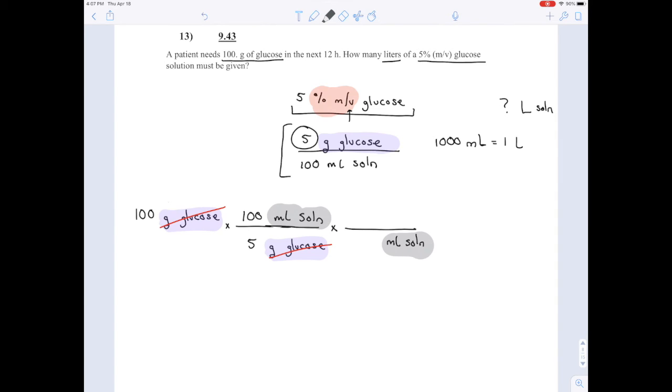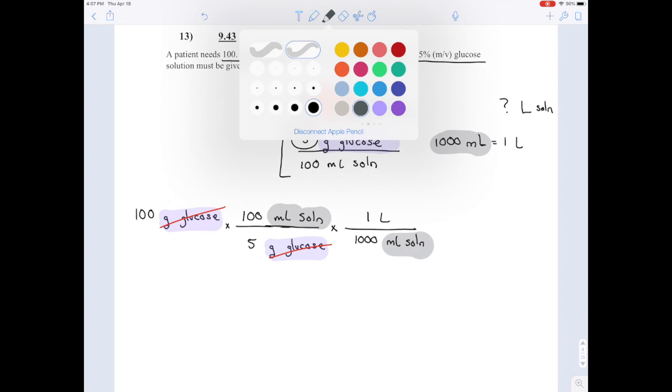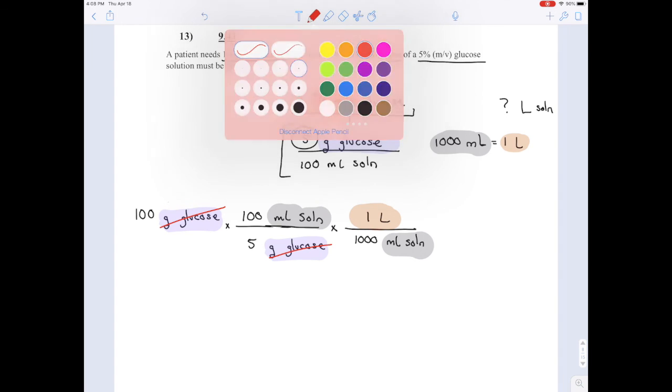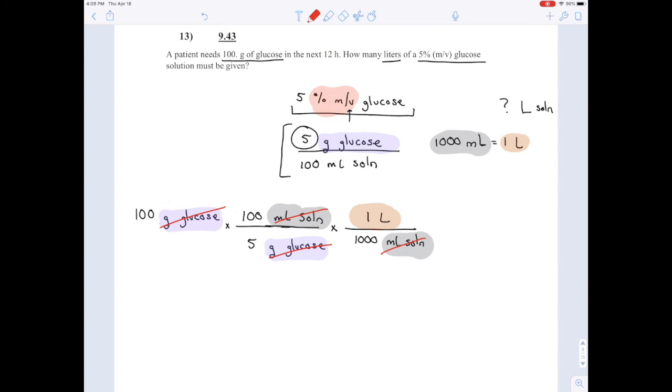And then next to milliliters, we can put 1,000. And going over the fraction bar, like going across the equal sign, on top we have 1 liter. So the milliliters of solution cancel out. We are left with liters of solution. And that's what we wanted.